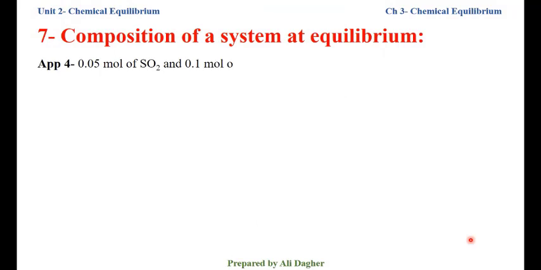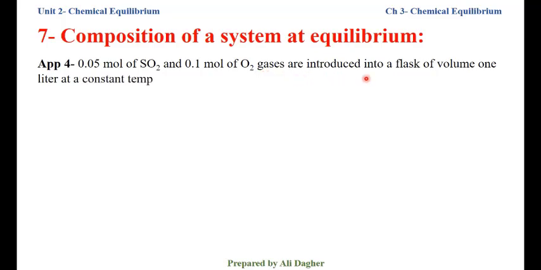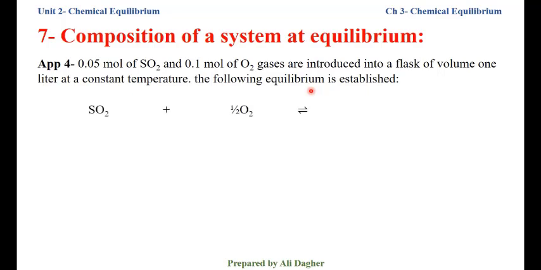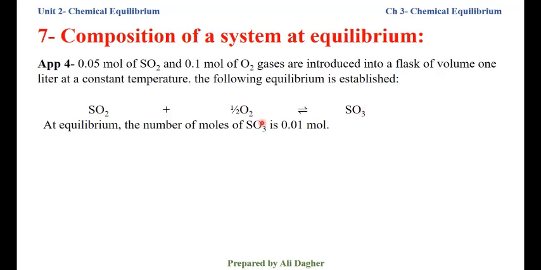Application: 0.05 mole of SO2 and 0.1 mole of O2 gas are introduced into a flask of volume 1 liter at a constant temperature. The following equilibrium is established: SO2 plus half O2 gives SO3. At equilibrium, the number of moles of SO3 is 0.01 mole.